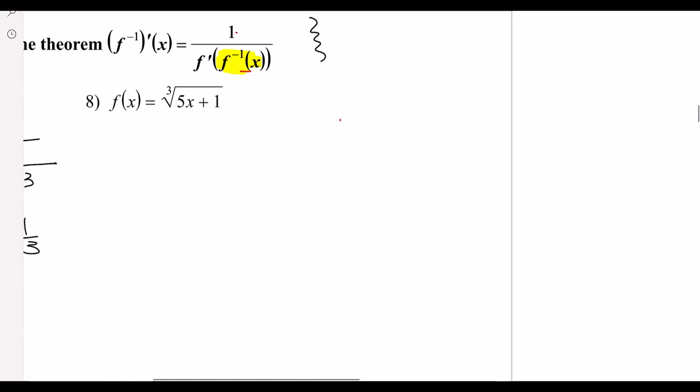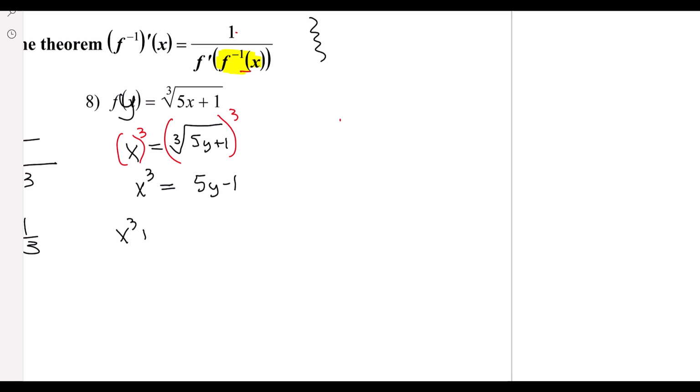And I'm going to show you one where it's the cube root. So we're still going to find the inverse. So this becomes y. We're going to swap the x's with the y's. Cube root of 5 times y plus 1. The inverse of cube root is cubing, so we're going to cube both sides. Add 1 to both sides. And then divide by 5.